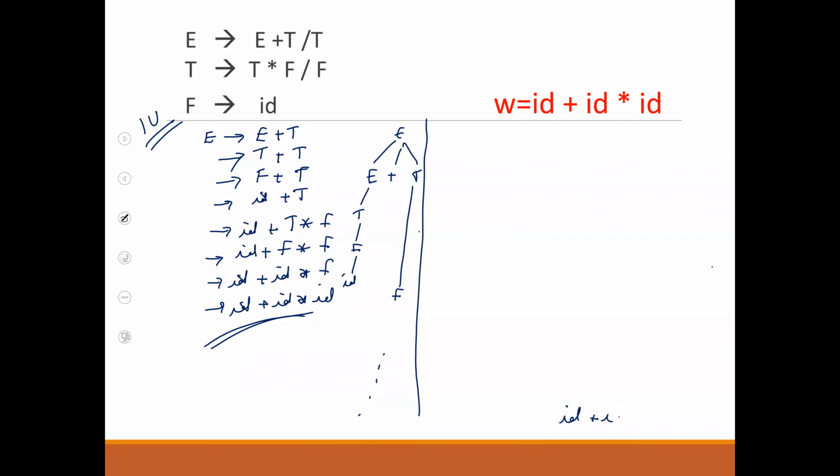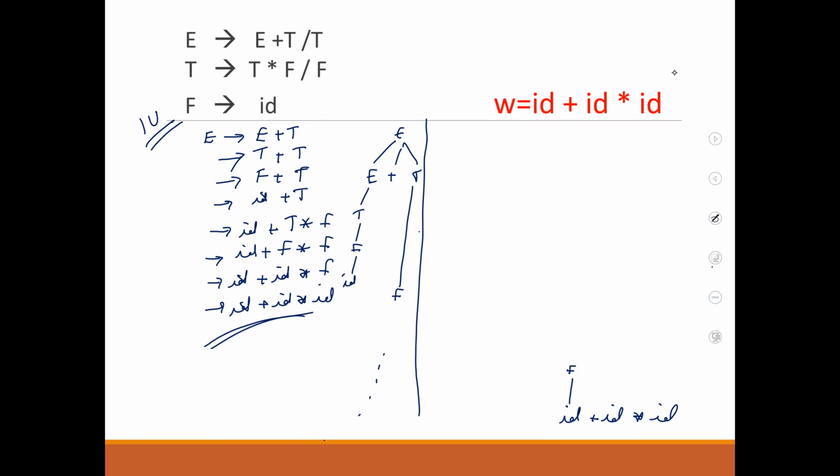ID plus ID into ID. Okay. So this is replaced into F. So we'll continue.